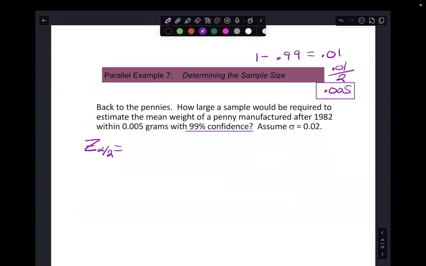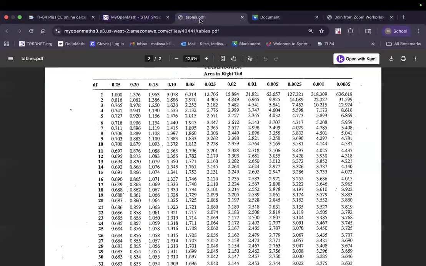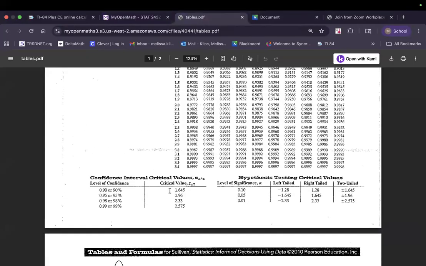We are using inverse norm. So you do your second bars, go down to inverse norm, 0.005, leave 0 and 1 for the mean and the standard deviation. So 2.576, or your table down here. Oh, it's 2.575, I lied. Or your table right here. You can use this table. Remember those numbers? That's where we got that. Okay.